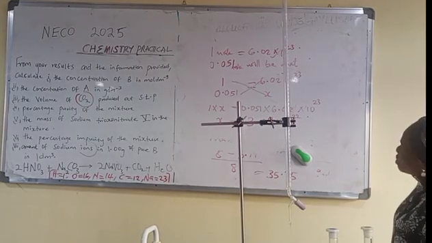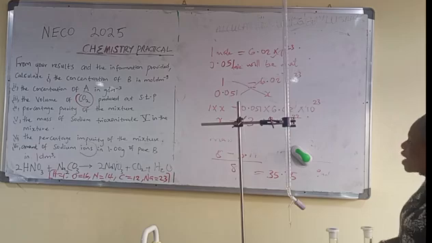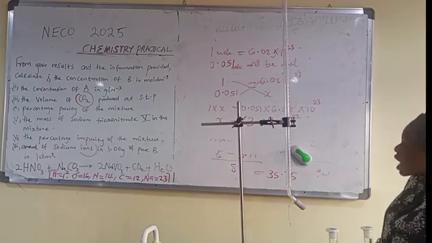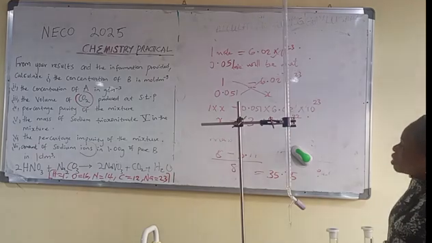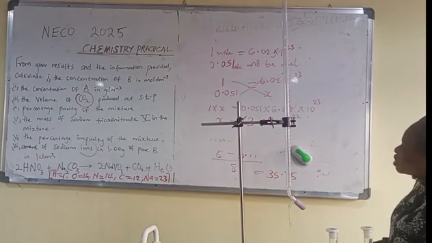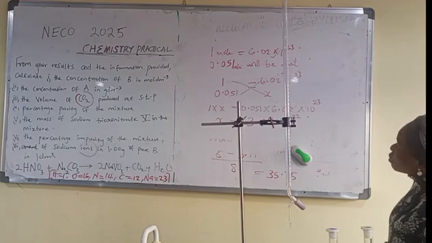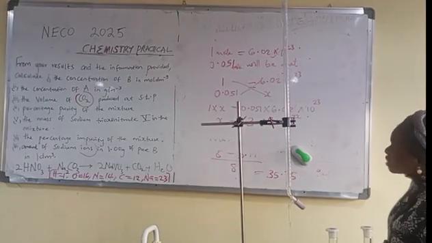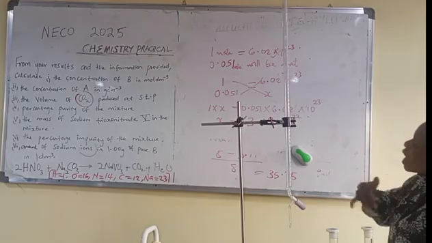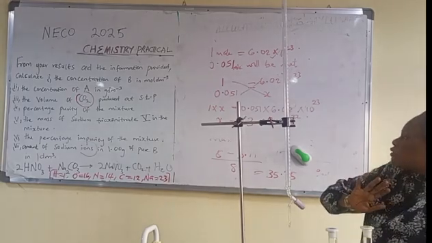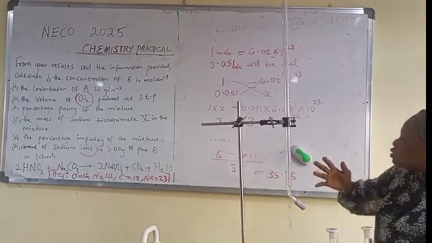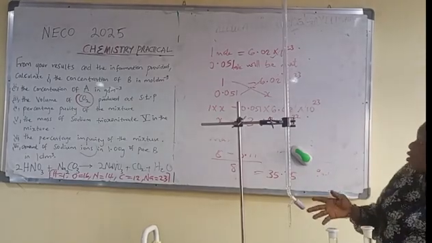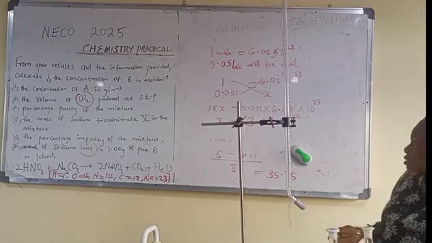So the questions here must be well looked into. Check whatever you are calculating. If the question requires you to calculate for acid, make sure you put all the values for acid so that you get the right answers. And make sure, where necessary, you put your units to get the complete mark. If you don't put units, you are losing marks.